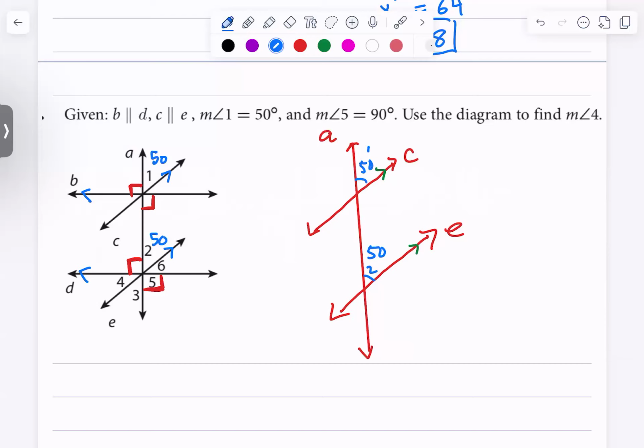So if angle 2 is 50, what is angle 6? 40. Why is this guy 40? Because they add up to 90. How do I know that 2 plus 6 equals 90?